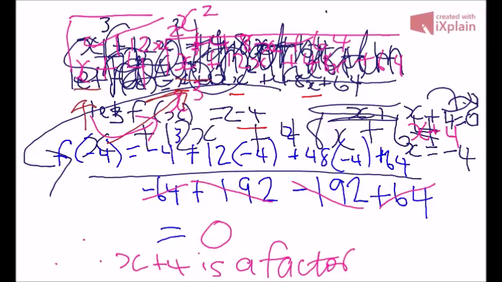X cubed over here now has to be multiplied by this 4 over here as well, because you have to multiply it by everything. So 4 multiplied by x cubed would give us 4x cubed.